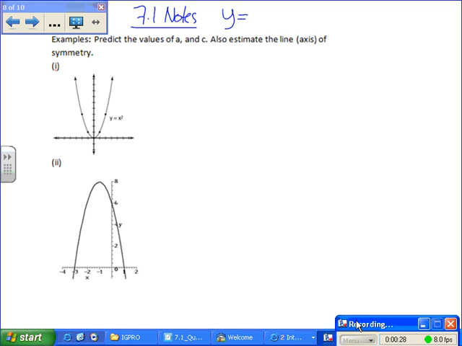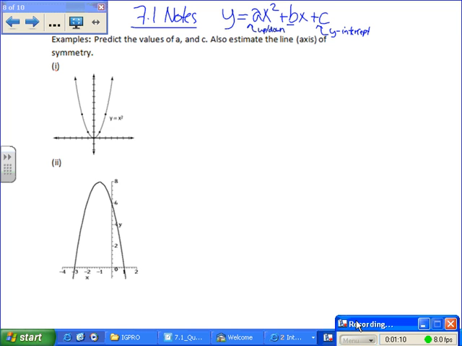The equation for a quadratic relation is y is equal to ax squared plus bx plus c, where a, b, and c tell us some information. a tells us if the parabola opens up or down. c is the y-intercept, and b here is related to the axis of symmetry. The value for b is not always the exact same as the axis of symmetry. However, when we change the value of b, we change the location of the axis of symmetry.